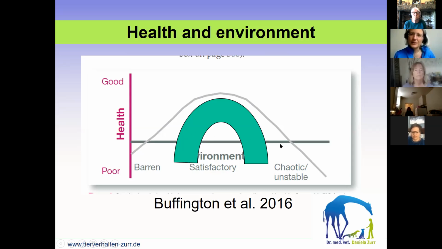And in animals that had problems during pregnancy or in early life, their flexibility is reduced. So the environment areas where they can stay healthy is smaller. So they can cope less with changes, or with a not perfect environment.